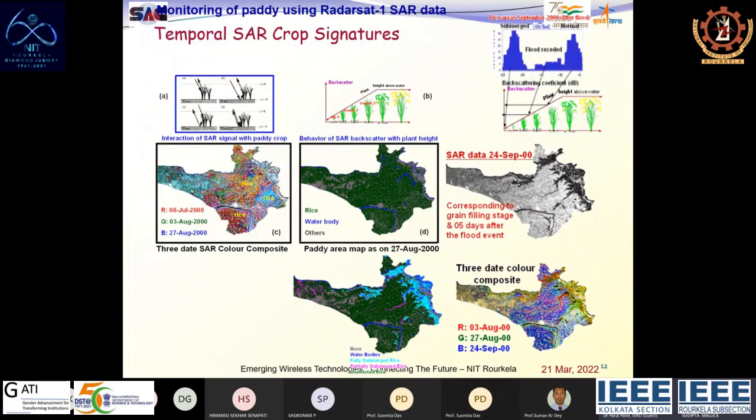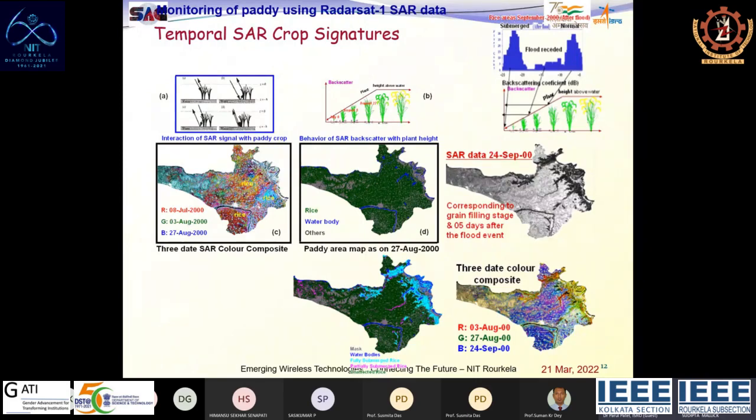That is happening till the entire water body is masked by the vegetation. So till your crop is growing, say 2 months of crop growth, you get a double bounce and a very sharp increase with increase of your plant height, and then it gets saturated. So this is typically utilized for delineating paddy.